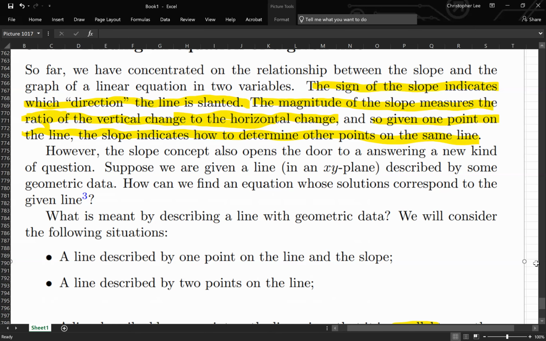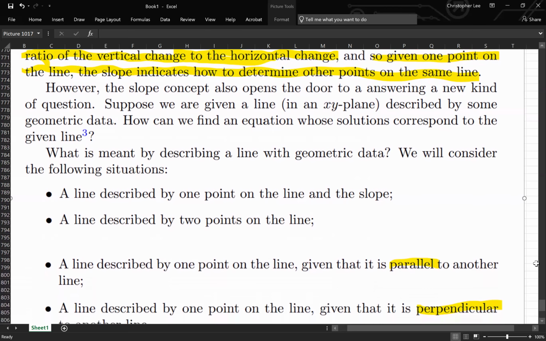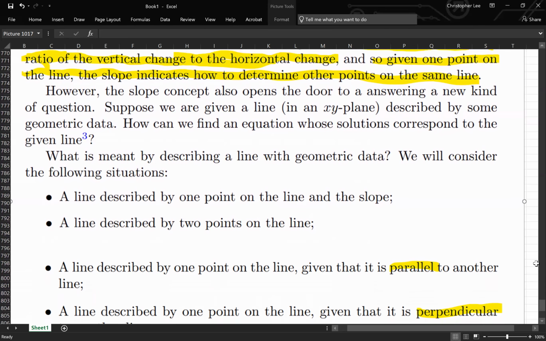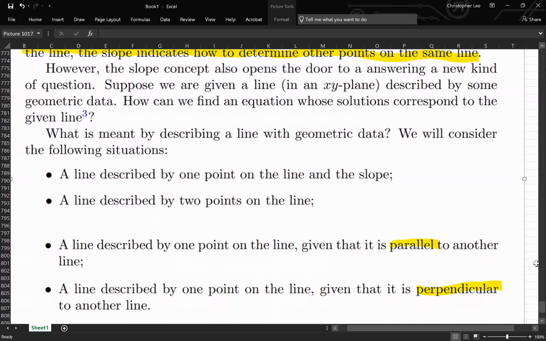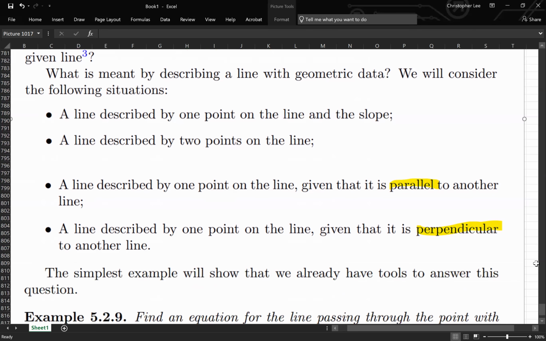We will consider the following situations: a line described by one point on the line and the slope, a line described by two points on the line, which we did already, a line described by one point on the line that is parallel to another line, and a line described by one point on the line that is perpendicular to another line. These are new vocabulary words.